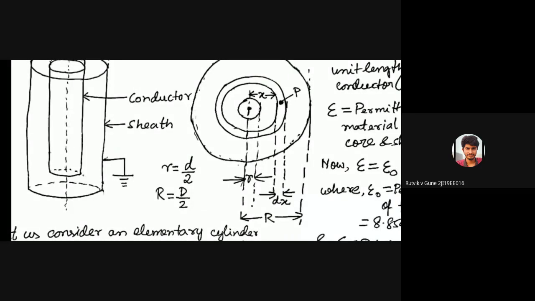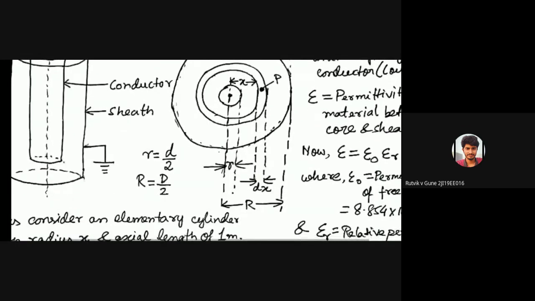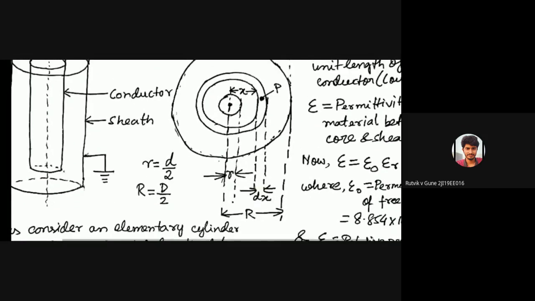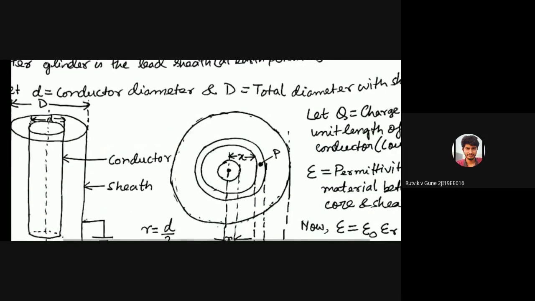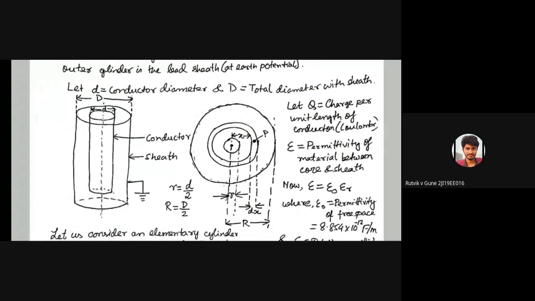Let small d be the diameter of the core, and capital D the total diameter of the sheath. If small r and capital R are the radii, then small d and capital D are the diameters. Now take Q as the charge per unit length.